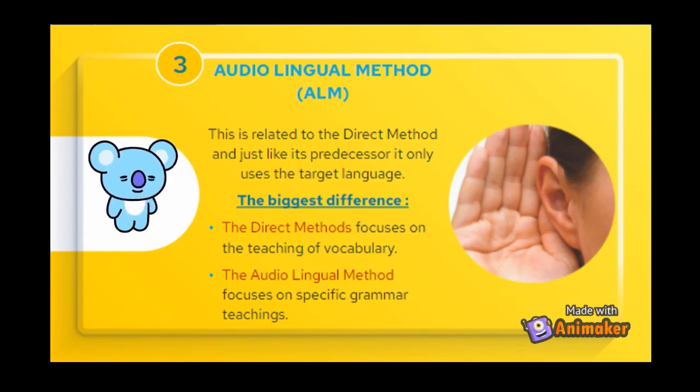This is related to the direct method, and just like its predecessor, it only uses the target language. The biggest difference between the audiolingual method and the direct method is its focus of teaching. The direct methods focus on the teaching of vocabulary, whereas the audiolingual methods focus on specific grammar teachings.